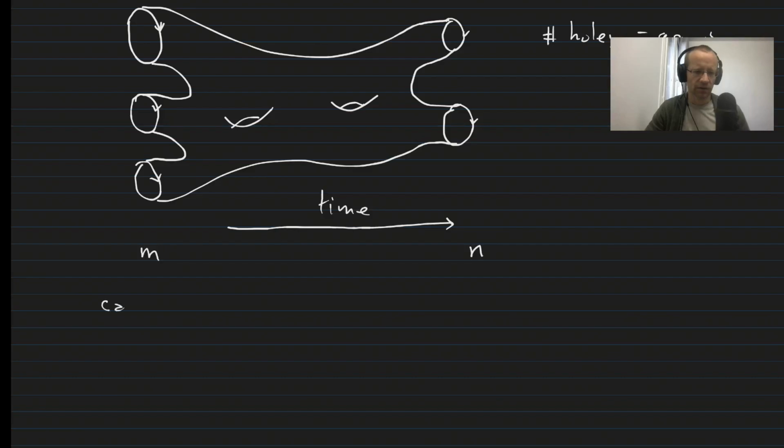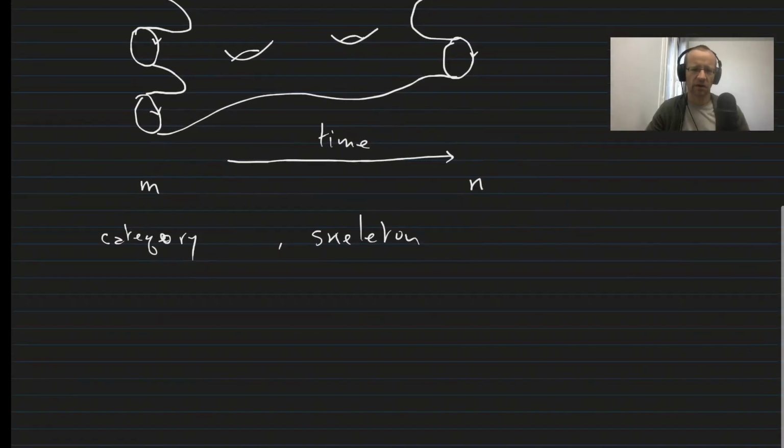So these cobordisms form a category. And the category has a skeleton from which we can build all of these manifolds. Skeleton consists of 5 drawings. We go from nothing on the left to 1 circle on the right, or vice versa.